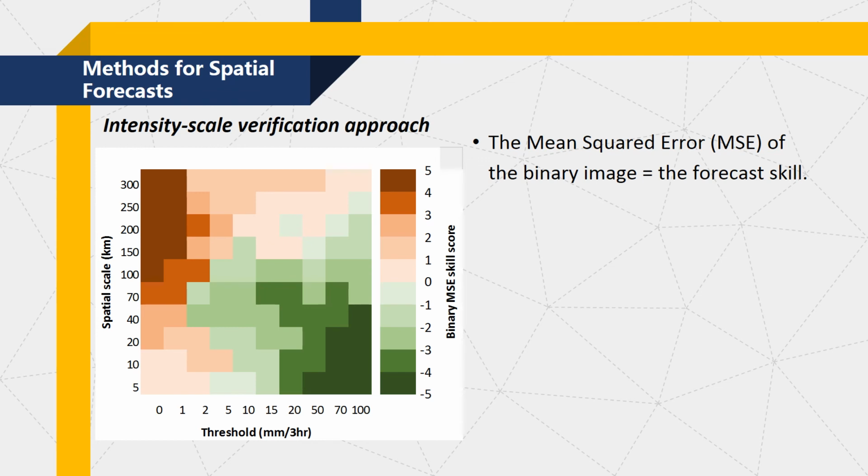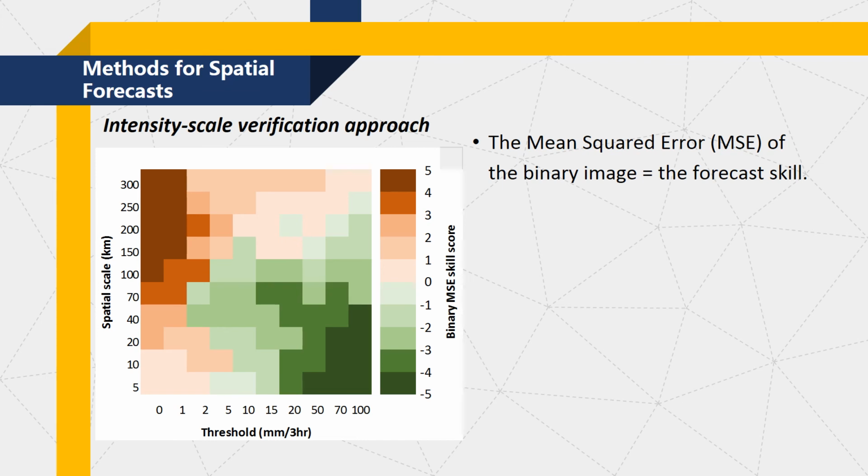Mean square error, or MSE, of the binary image is used to assess the forecast scale, as we know in this graph. The binary image itself, obtained from the forecast and analysis, is separated into certain thresholds of different precipitation rate intensity. It is just a sample.